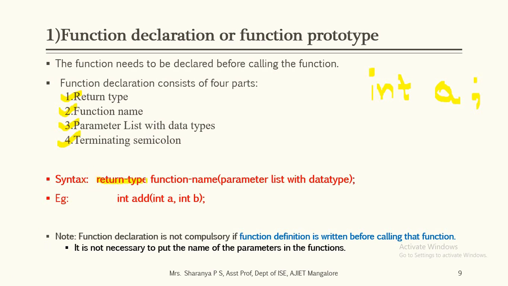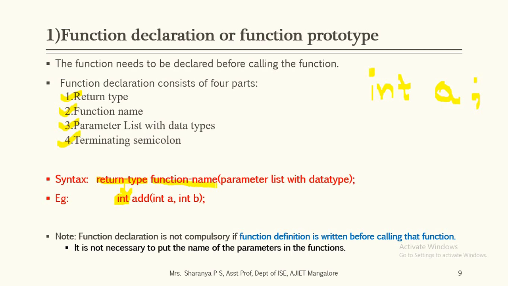First we need to mention the return type. If we look into the example, the return type is int. That is the data type of the value returned by that function. Here it is an integer, which can be float or double or character, like that. It can vary depending on the program.